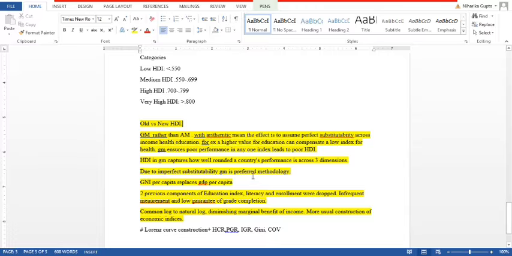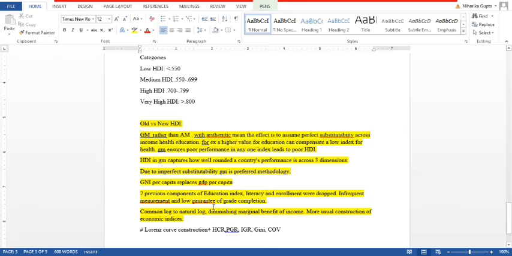GNI per capita replaced GDP per capita because GNI per capita better captures the income of a country's residents. Two previous components of the education index, literacy and enrollment ratio, were dropped because of infrequent reporting of data and low guarantee of grade completion.